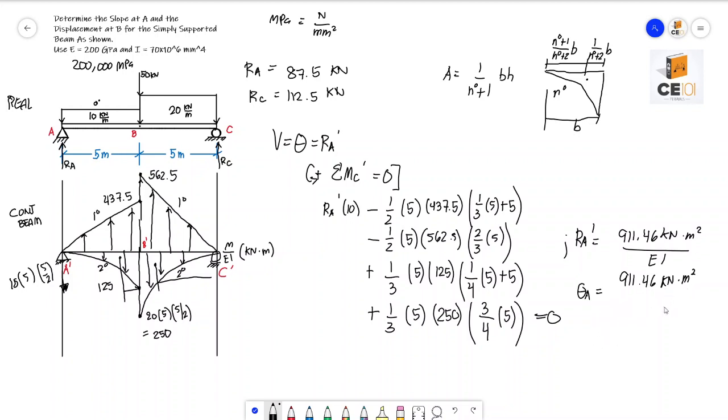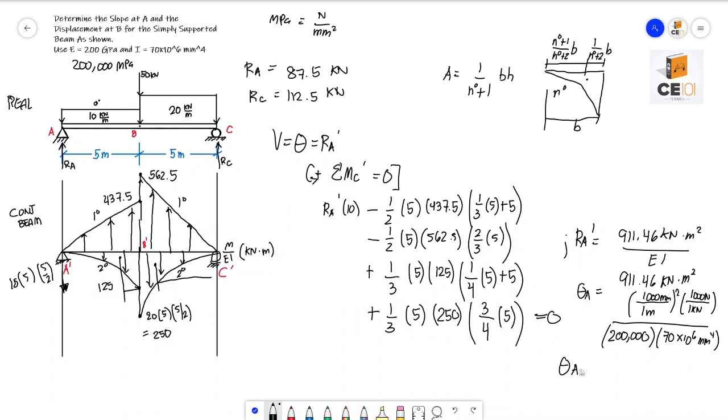Yung conversion factor natin is 1 meter to 1,000 millimeters na naka-squared, tapos 1 kilonewton to 1,000 newton. So divide natin siya sa 200,000 MPa times yung 70 times 10 raised to 6 mm raised to 4.